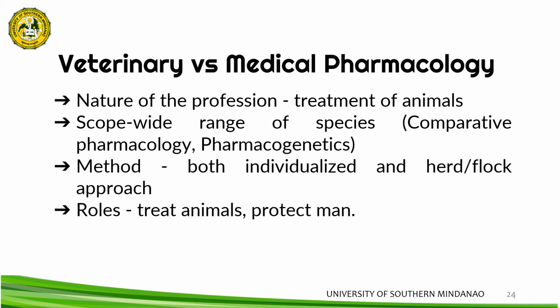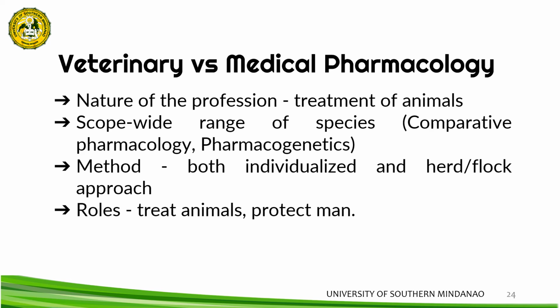So we also have here a comparison between veterinary and medical pharmacology. So in terms of the nature of the profession, veterinary deals with animals. Medical pharmacology is in humans. For the scope, of course, veterinary pharmacology has a wider scope because it involves different animal species.